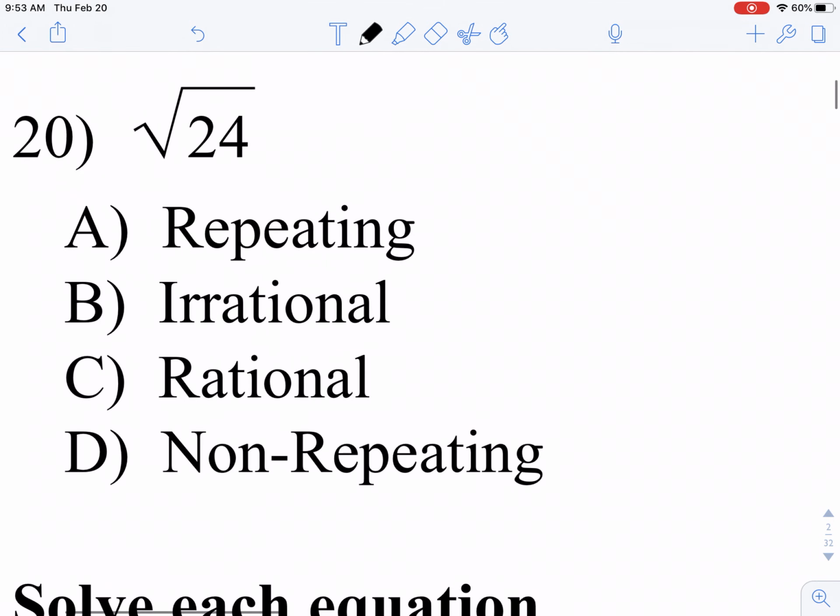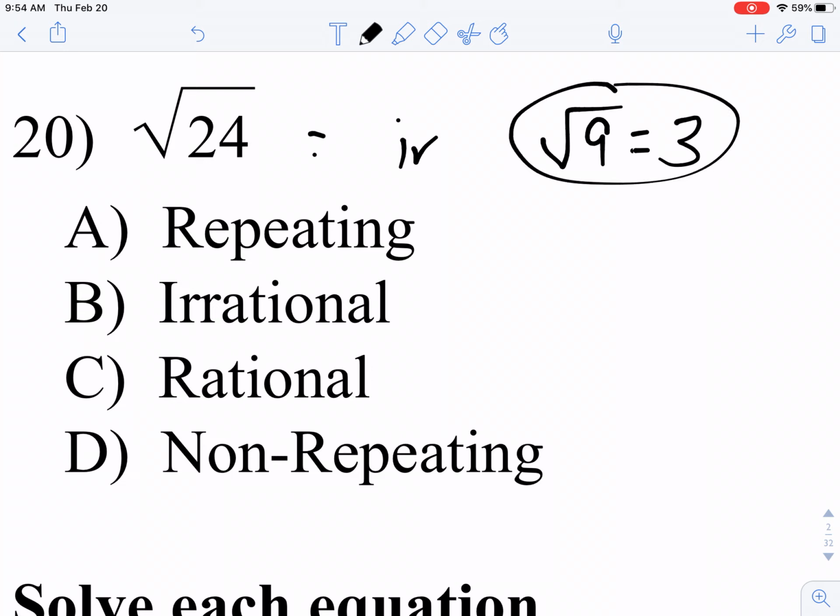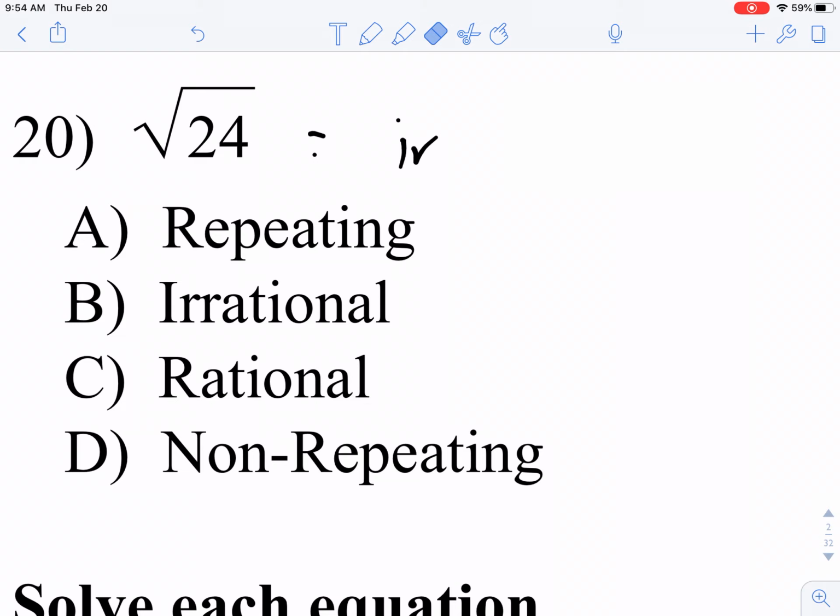The square root of 24 is irrational. I know that because all square roots that do not come out to be a perfect whole number are irrational. For example, the square root of 9 is equal to 3. It's a whole number. This is rational. So we're looking for irrational, so this is going to tell you that this is irrational.